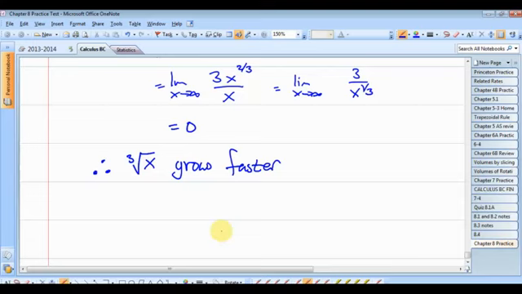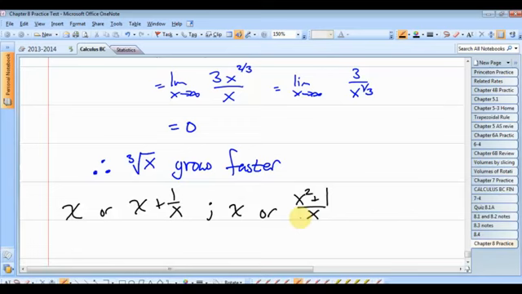Last one of this section. We have x or x plus 1 over x. Well, that's kind of a weird question, right? Can I turn that into x or x squared plus 1 over x?